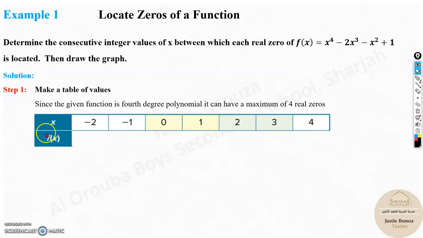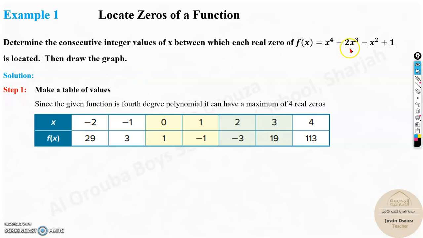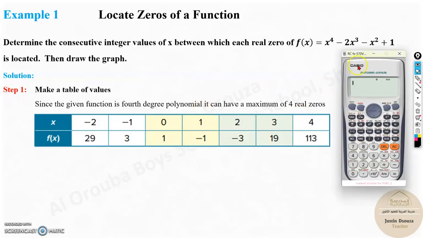We will assume some values. Say minus 2, minus 1, 0, 1, 2, 3, 4 are considered. Substitute them over here and solve. How do we find this? Now I'll just solve 1 over here. You need to substitute this x value instead of the variable x in the function. Instead of that, substitute the assumed x value of minus 2.